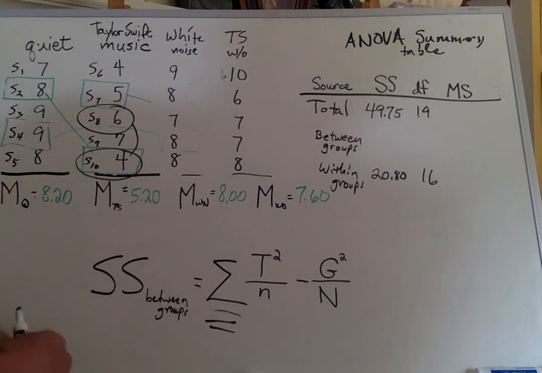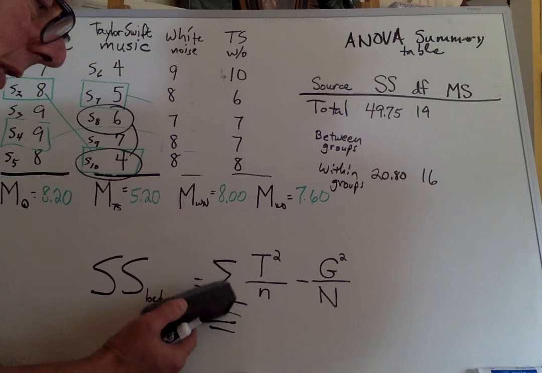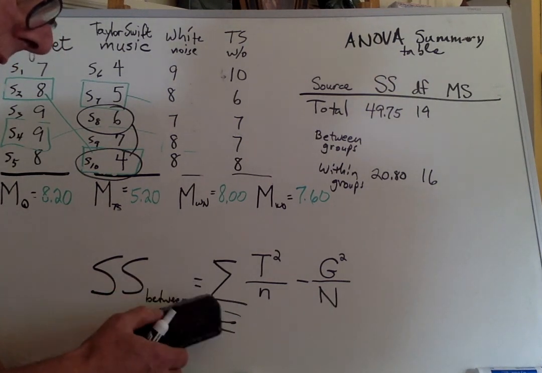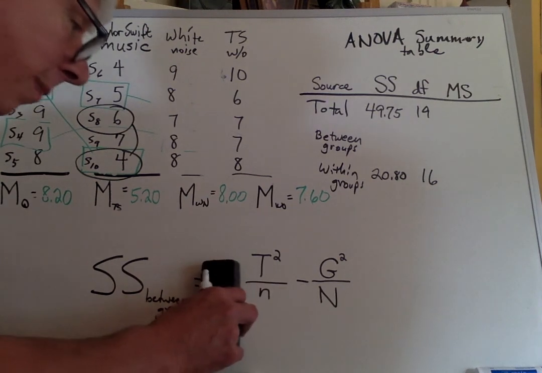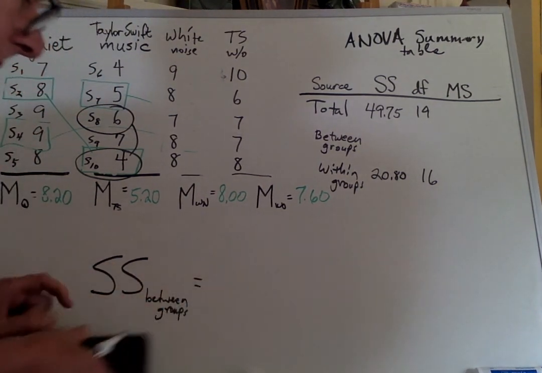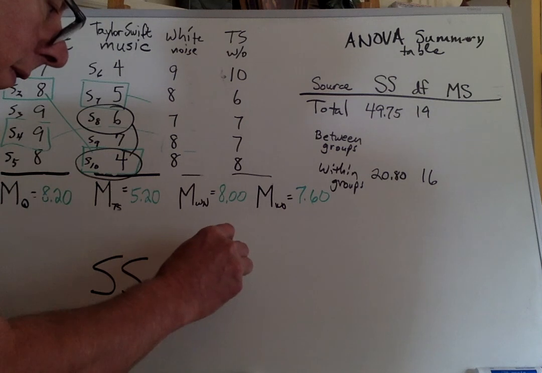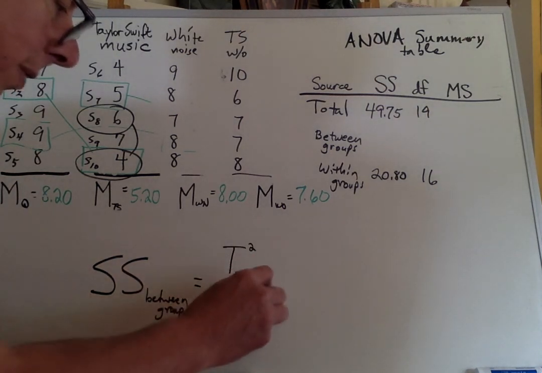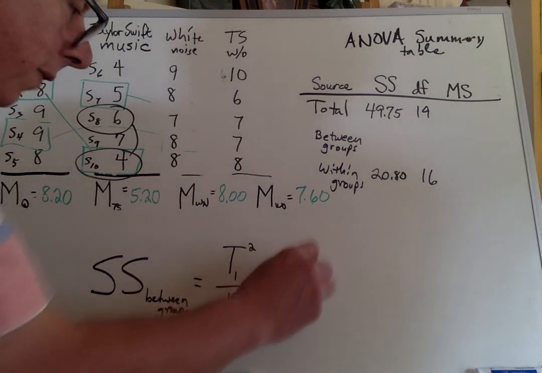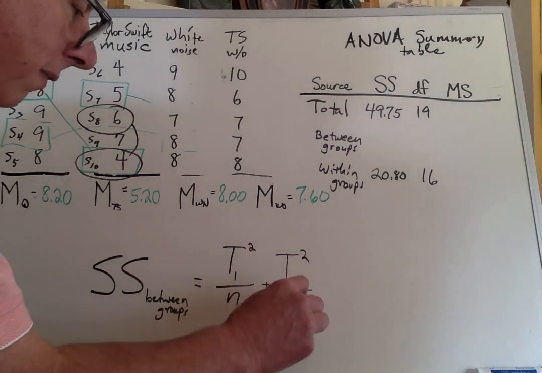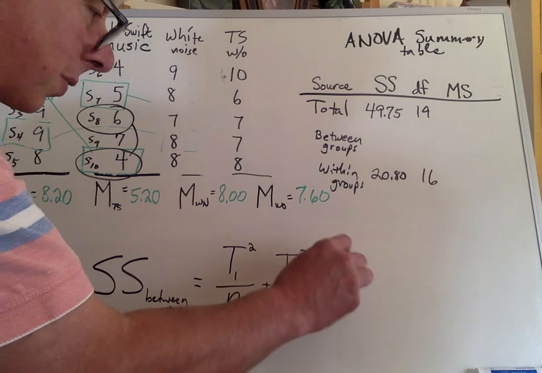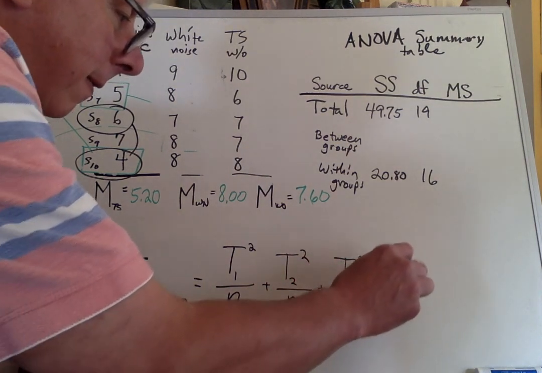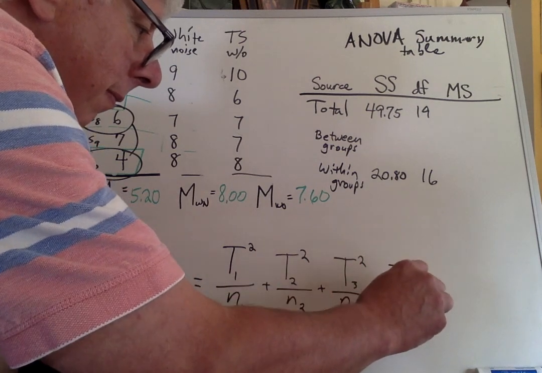So let me expand this a little bit. I'm going to get rid of this sigma, but you should understand what that means afterwards. Here's the formula. But here's what we're going to do: the total squared for treatment 1 over n for treatment 1, the total squared for treatment 2 over n for treatment 2, the total squared for treatment 3 over n for treatment 3, right?